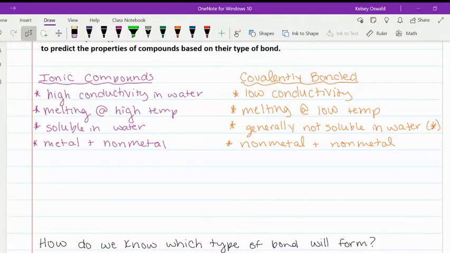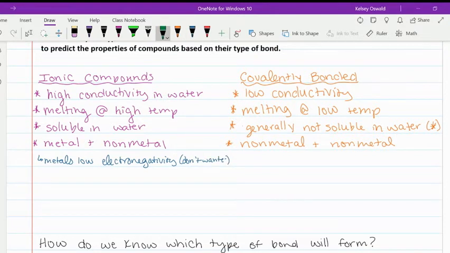Types of bonds. We said an ionic bond is formed between a metal and a nonmetal. And we just saw metals have low electronegativity, which means they don't want that electron, whereas our nonmetals have high electronegativity.